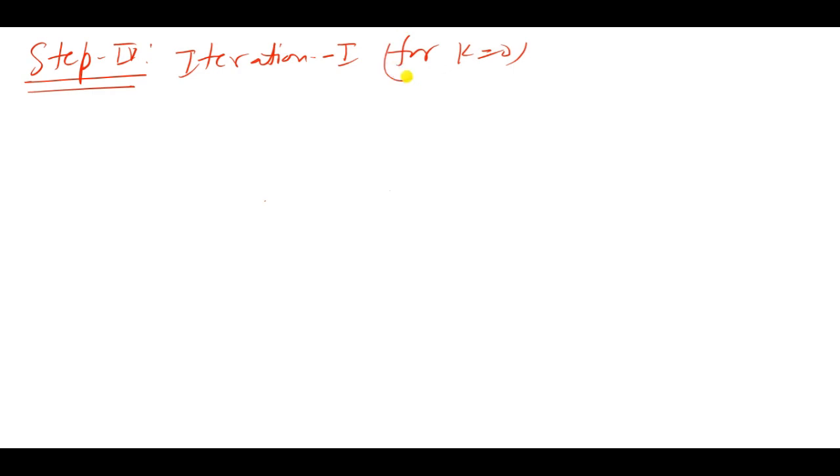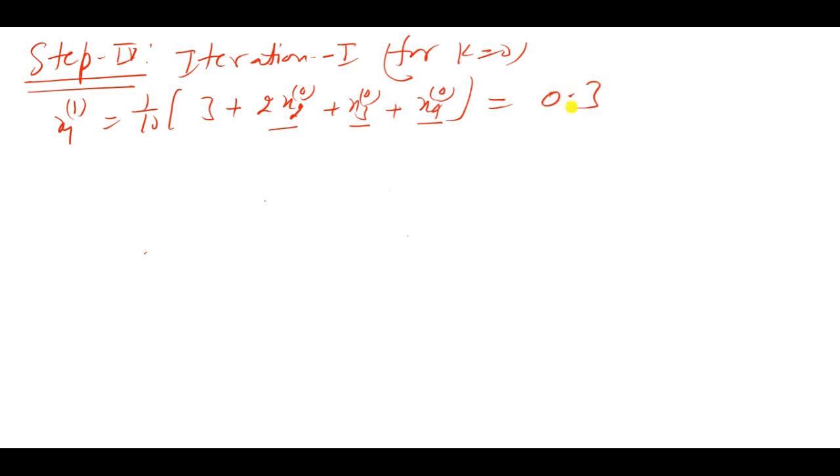Now in step 4, iteration 1, same as the previous example. For iteration 1, put k is equal to 0 in equations 1, 2, 3, 4. Then we obtain x1^(1), this is 1 by 10 (3 plus twice x2^(0) plus x3^(0) plus x4^(0)). Substituting the values x2^(0), x3^(0), x4^(0), which are initially 0, and simplifying with the calculator, it will be 0.3.